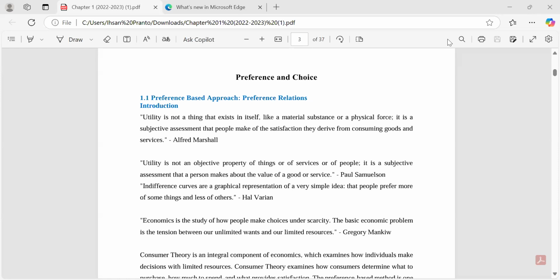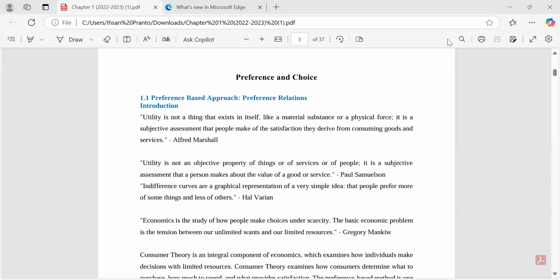221015. So today I'm going to define preference relation in economics and the key features of preference relations. From the very first slide, we can see, in economics, what is preference relation?